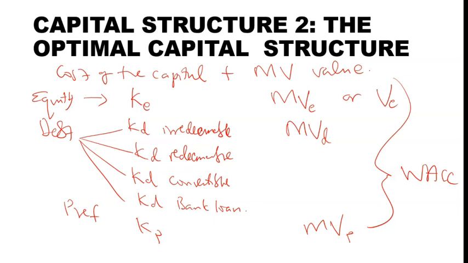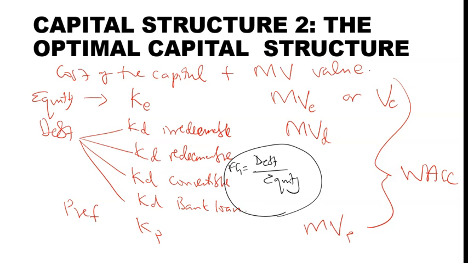For example, when we looked at financial gearing, we discovered that financial gearing, FG, was equal to debt over equity. And sometimes FG was also seen as debt over equity plus debt.